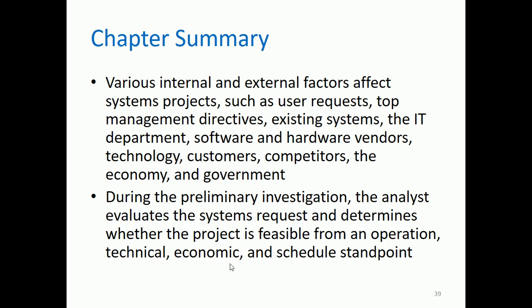Then various internal and external factors affect systems projects, such as user requests, top management directives, existing systems, the IT department, software and hardware vendors, technology, customers, competitors, the economy, and government.